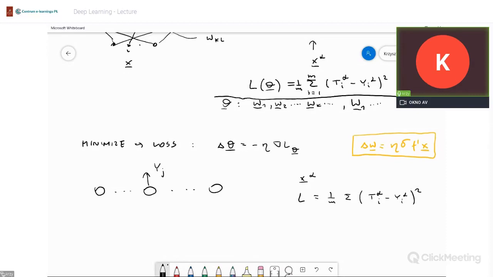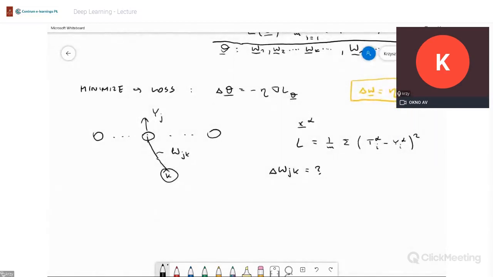This is my loss function. What I'm interested in is the required update to the weight that connects j and k. Here is neuron k in the first layer, and here is neuron j in the second layer. I'm interested in what the update of this weight should be to improve my performance.